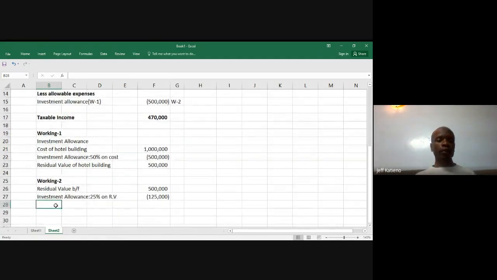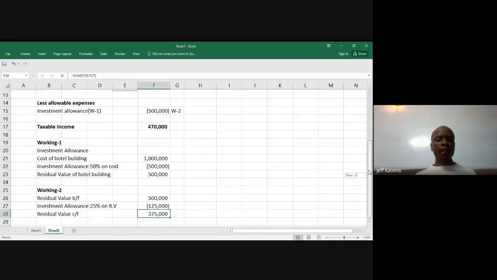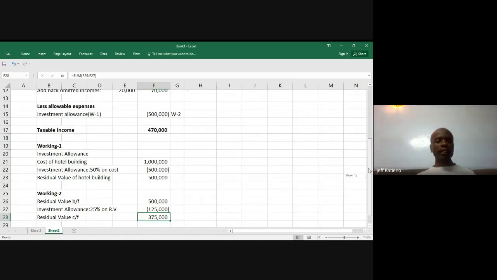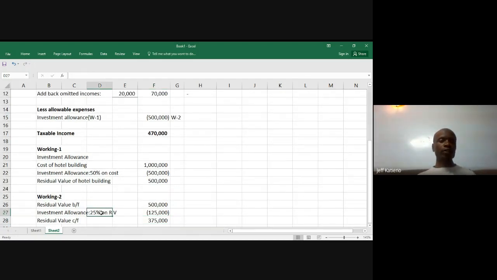Therefore I will have here residual value carried forward, which will be the difference, 375,000. So when you come to our tax calculations for year two, our investment allowance now will be 125,000. This 25% is not on 1 million, but on the residual value.